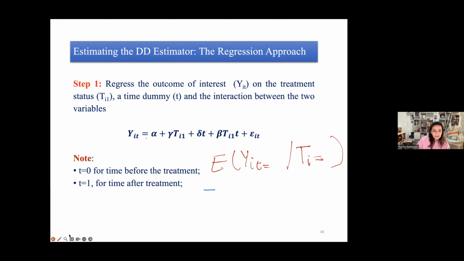Now I want you to tell me what is the expected value of the outcome of an individual i at period t equal 1, which means after the implementation of the program, when this individual is not benefiting from the program. So what would be the expected outcome, which in our example is the income of this individual at the period t equal 1?